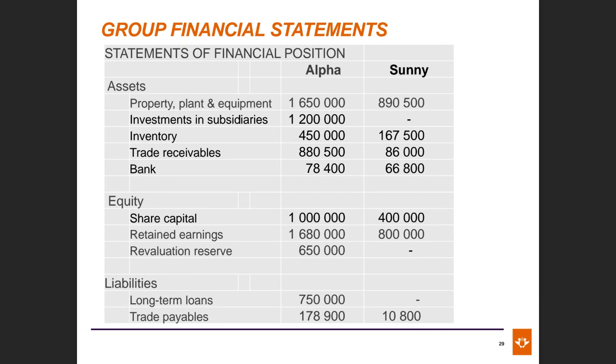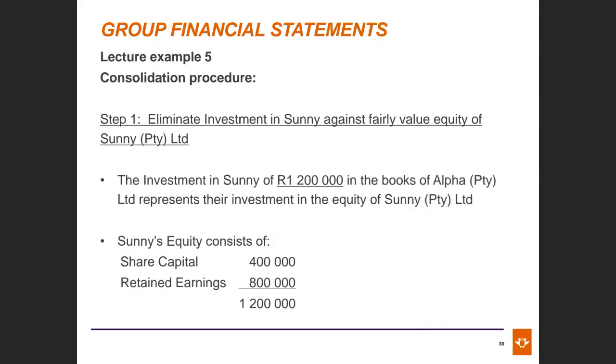Okay, so let's see what we have to do now. What do we have to do with these figures? We are going to go through the consolidation process. Remember, step one was to eliminate the investment in Sunny against fairly valued equity of Sunny. This sounds confusing, but remember, in Alpha's books, the acquirer's books, it had an investment of 1.2 million in Sunny.